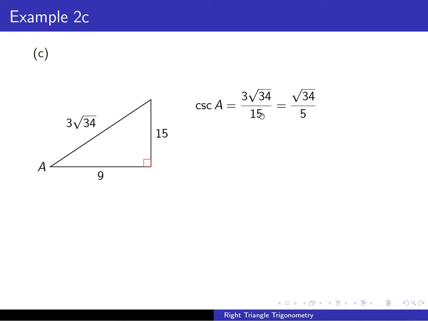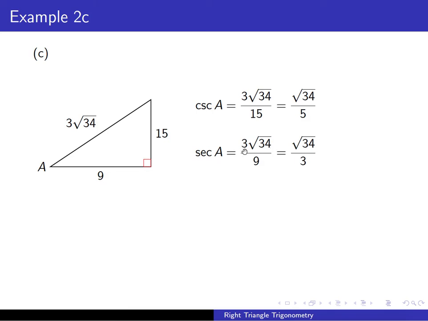What's nice about this one is, whereas sine had the square root of 34 in the denominator, this reciprocal does not have a square root in the denominator, so we don't have to worry about rationalizing it. So we just have to simplify the 3 over 15 is 1 over 5, so we get the square root of 34 over 5.